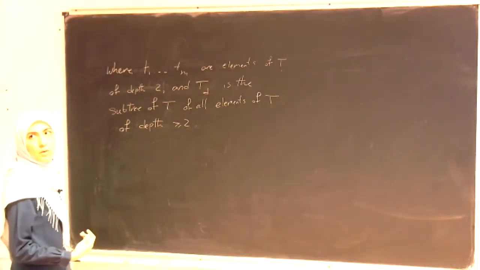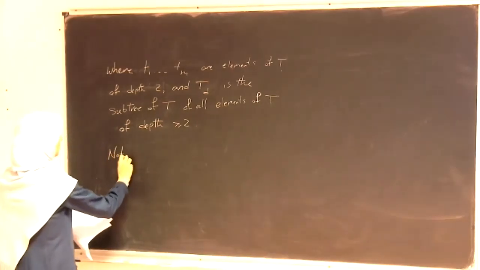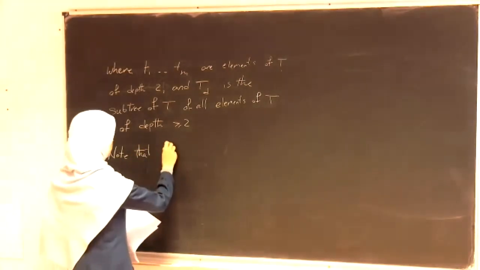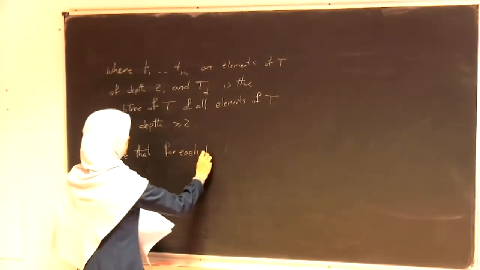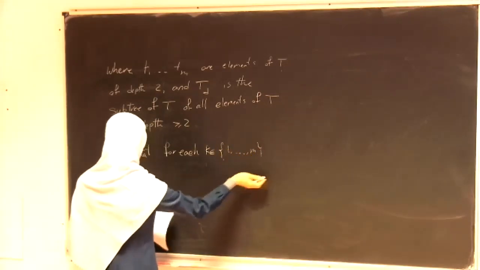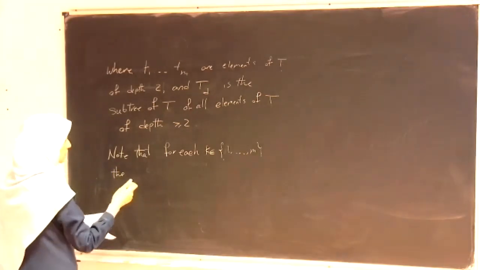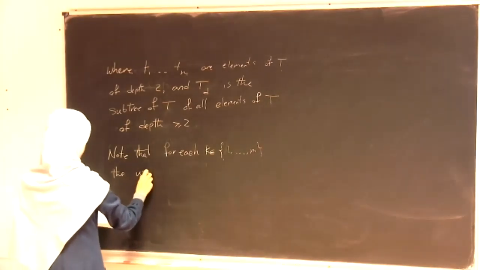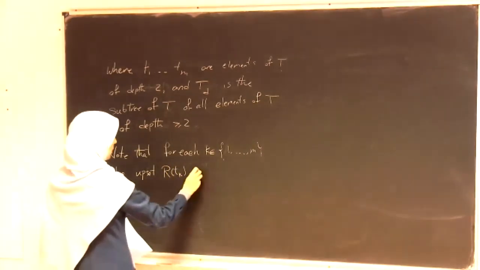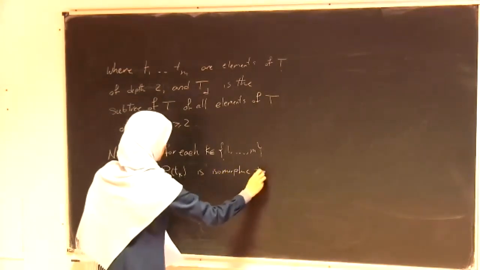Now I'm going to use our induction and the previous lemma. Note that for each k in the set 1 to n, the upper topology over R on T_k is isomorphic to a tree of depth 2.